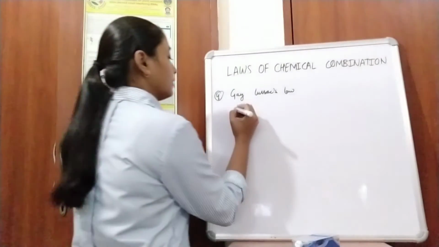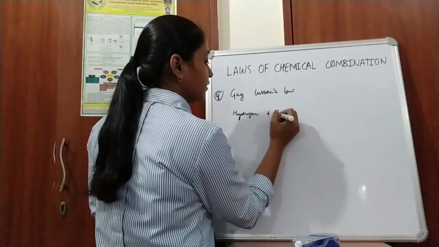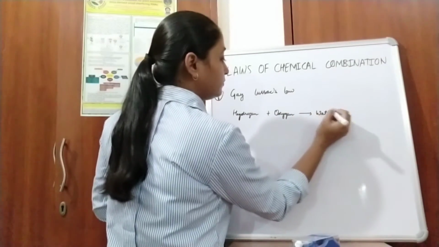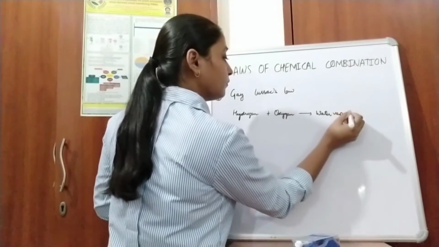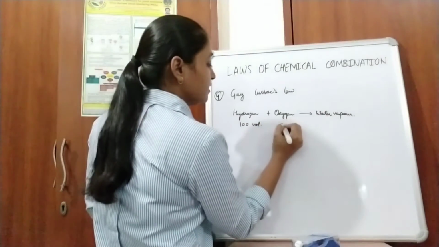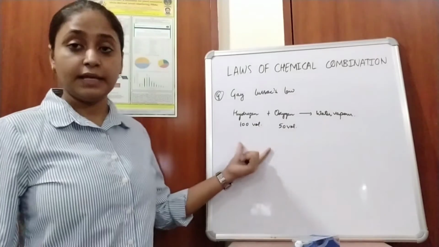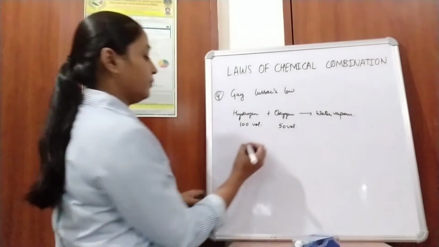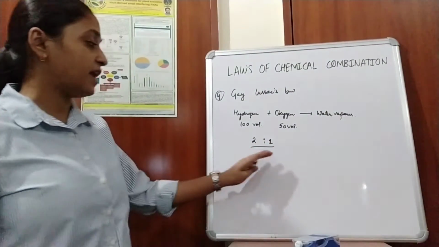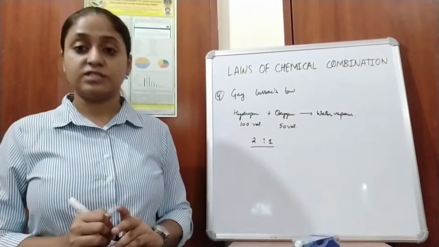Suppose hydrogen plus oxygen gives water vapor, right? So volume of hydrogen will be 100 volume, oxygen will be 50 volume. So they will always be in simple ratio by volume. They are in 2:1. So hydrogen and oxygen are reacting in 2:1, right? So this is Gay-Lussac's law.